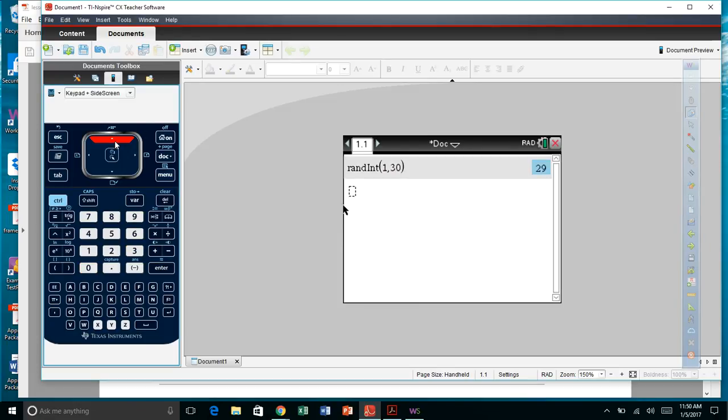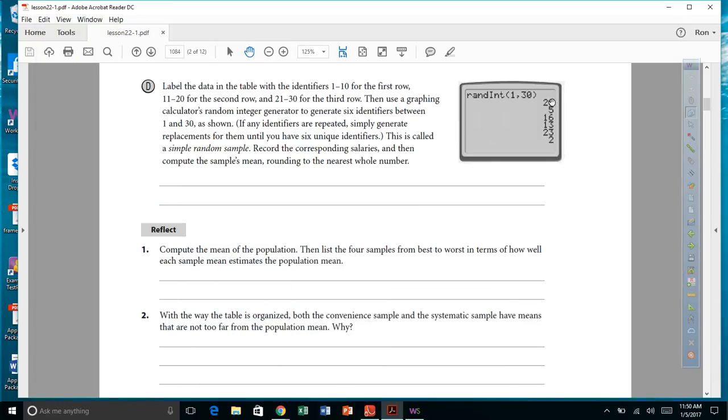And then, of course, you can go up there and grab it and do it again. For simplicity, I'm going to use these generated right here. So what did we get?